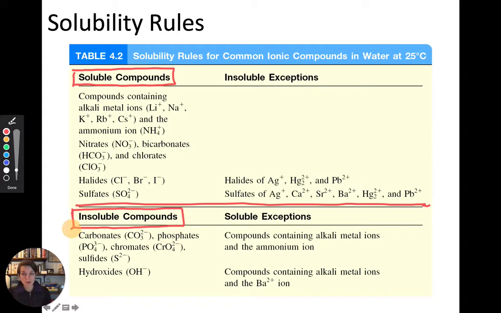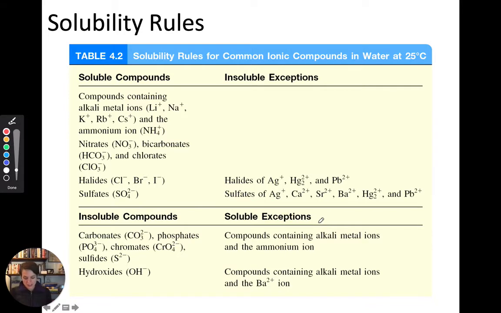Now, for both of these categories, there are going to be exceptions. Those exceptions are written in the second column. So here we have our standard form, soluble versus insoluble, and then we have these exceptions that we need to take into consideration.